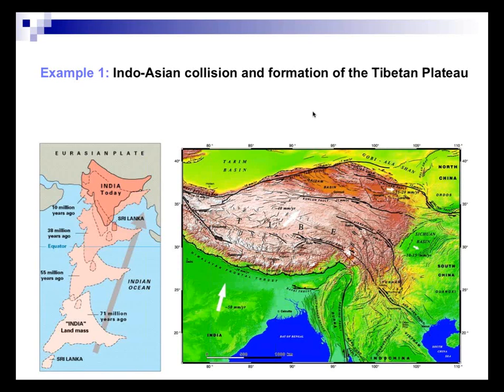The geological history is that the Tibetan Plateau was mainly built by the collision between the Indian continent and the Eurasian continent in the past 50 million years. If you hold the Eurasian continent fixed, you will see India has been moving northward at a rate of 50 millimeters per year.